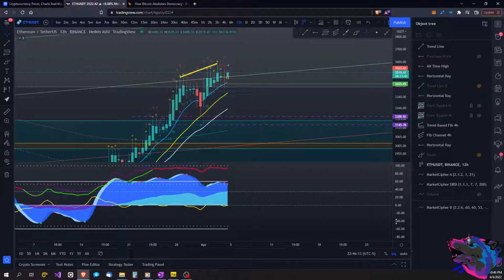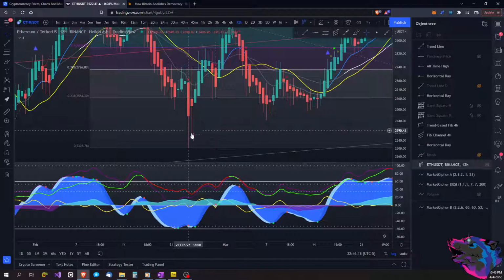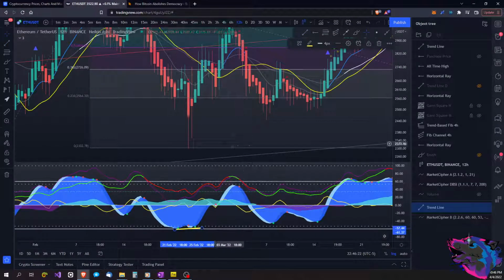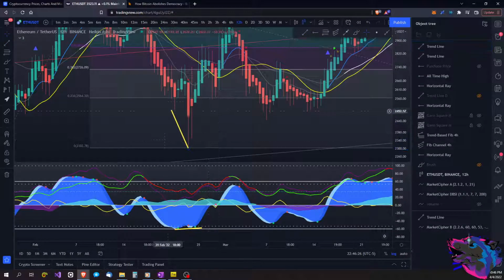All right. Let's see if we go back, try to find another one. So we have a wee little bullish divergence right here on the momentum wave. Small on the momentum wave, big on the price.